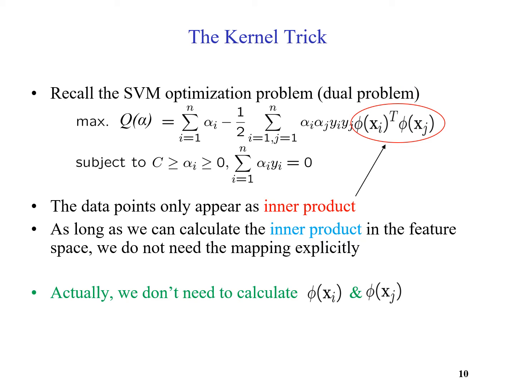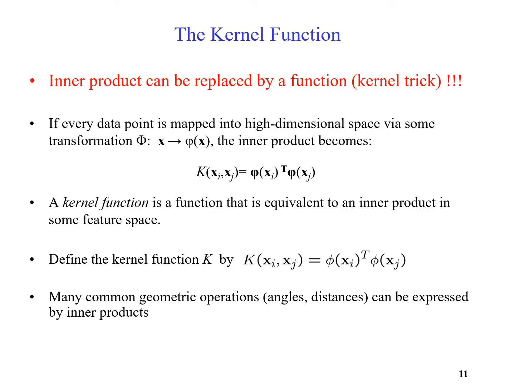In the previous slide, we needed to compute the inner product of the mapping in the dual problem. And that was impossible because we have no idea what these mappings are, because we don't know the dimension, we don't know the configuration, etc. So it is impossible to compute the inner product in the dual.